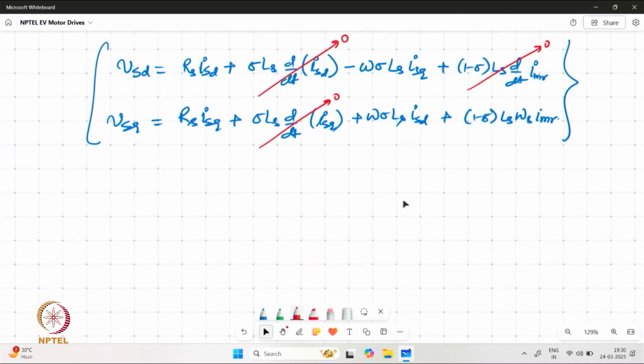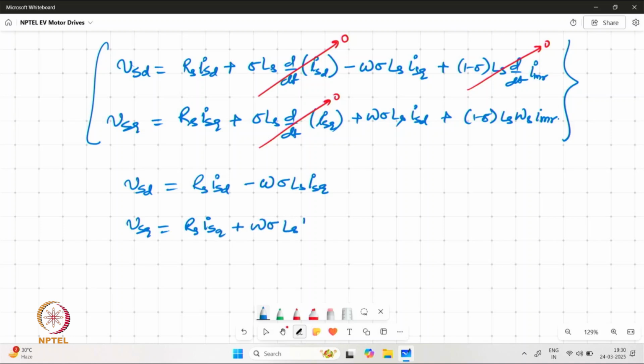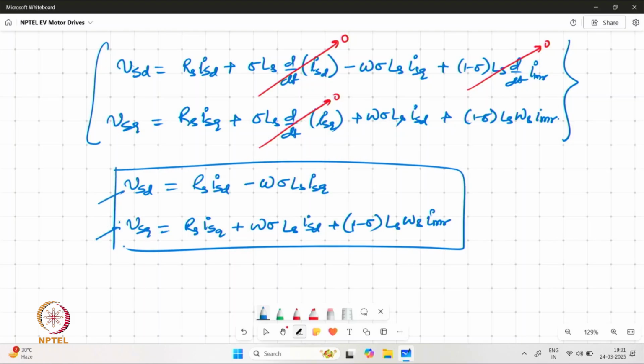So the remaining factors over here would be used for computing the saturation limits for VSD and VSQ.